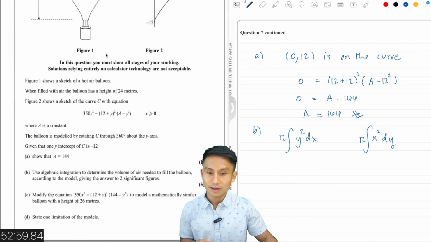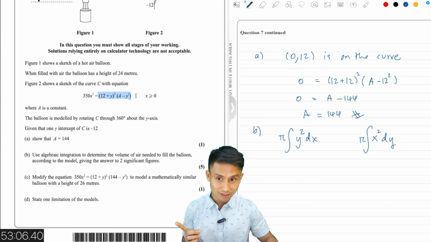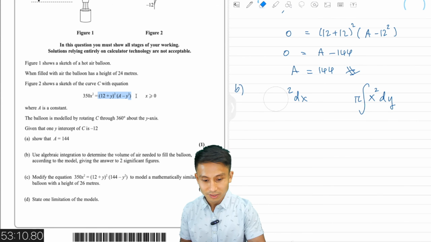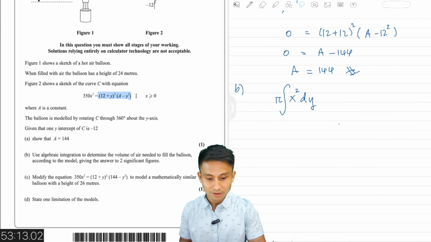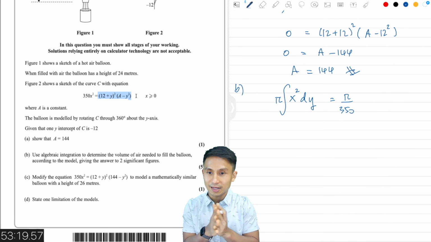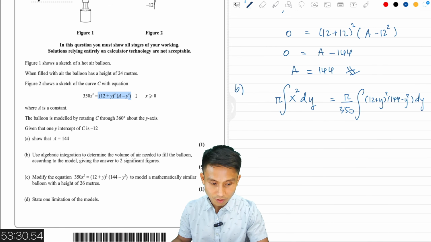So you just integrate the thing. Now you already have x squared to be this whole expression divided by 350, so I'm just going to delete that. So this is pi over 350, because I divide across by 350 just to get the x squared part, and that would be the right hand side there, which we know already, a is 144, dy.